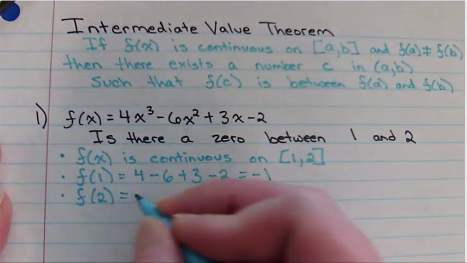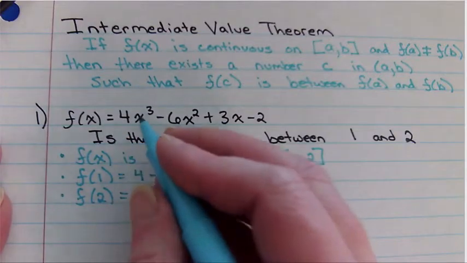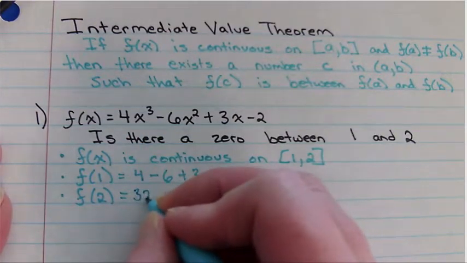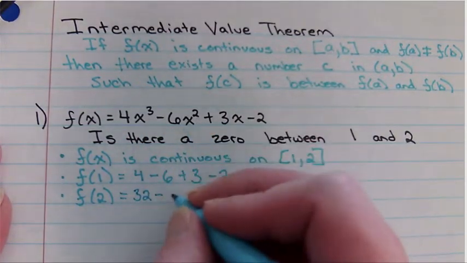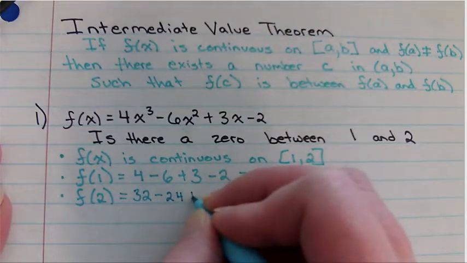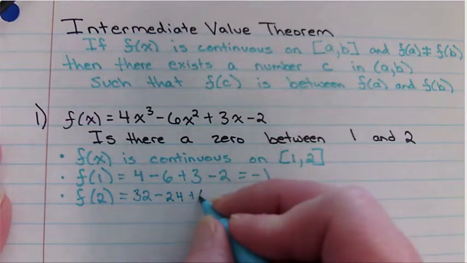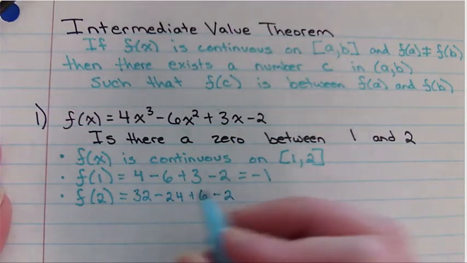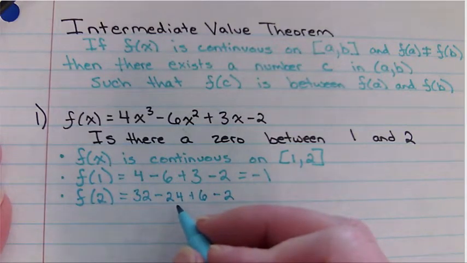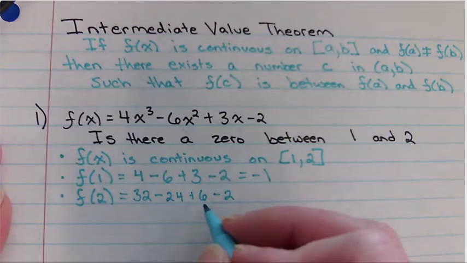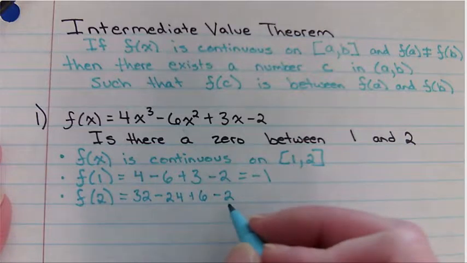And then I need to find f of 2. That's going to be 4 times 8 is 32, minus 6 times 4 is 24, plus 3 times 2 is 6, minus 2. It's an 8, 14, 12.